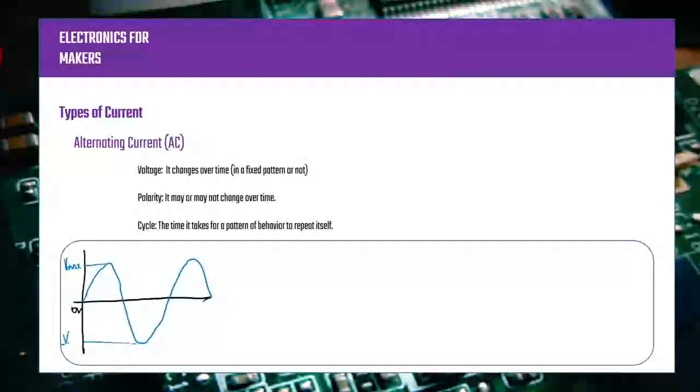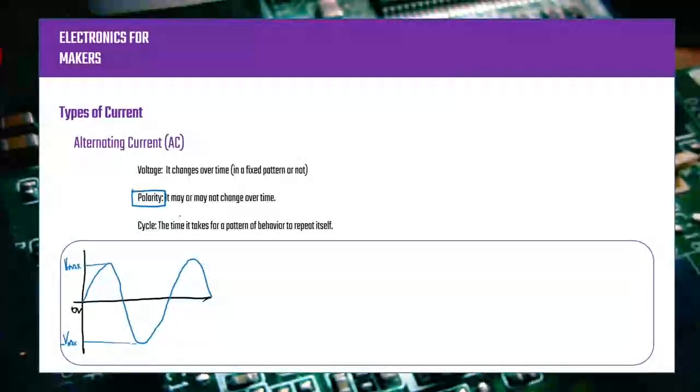But remember, this is the negative part, so that means we have negative voltage? No, it just means that the polarity, this characteristic right here, has changed. It has reversed.